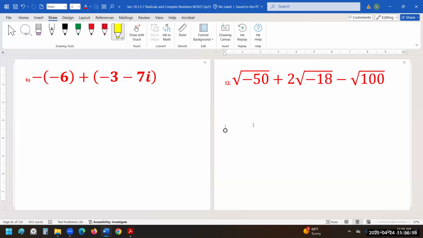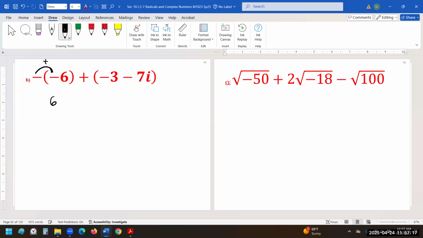Ready? What do you do on the first one, on the left one? What do you notice? Two negatives turn into a positive.